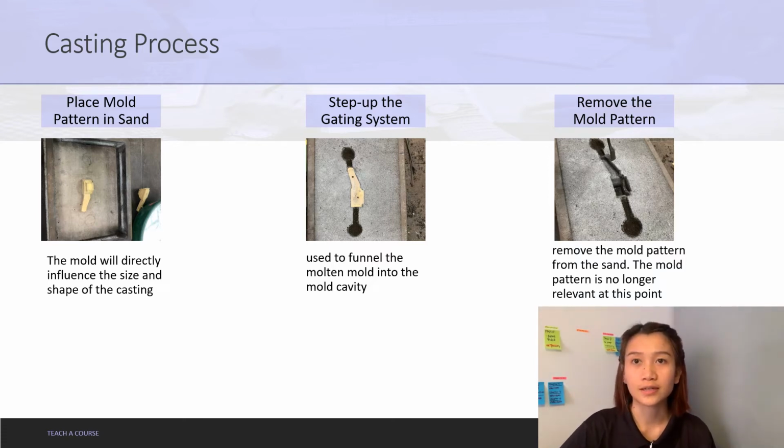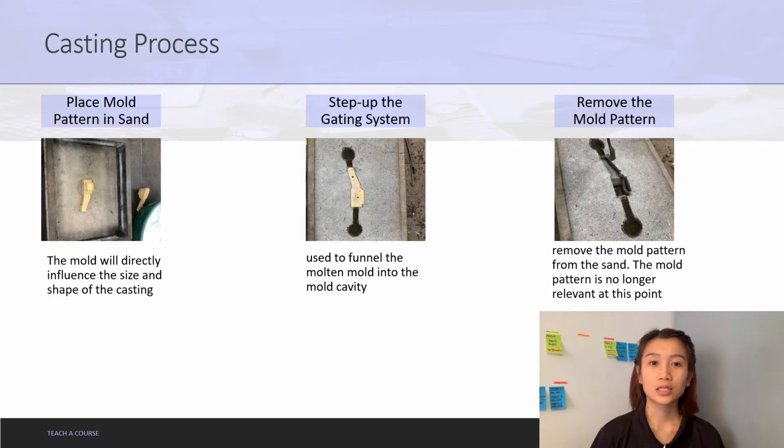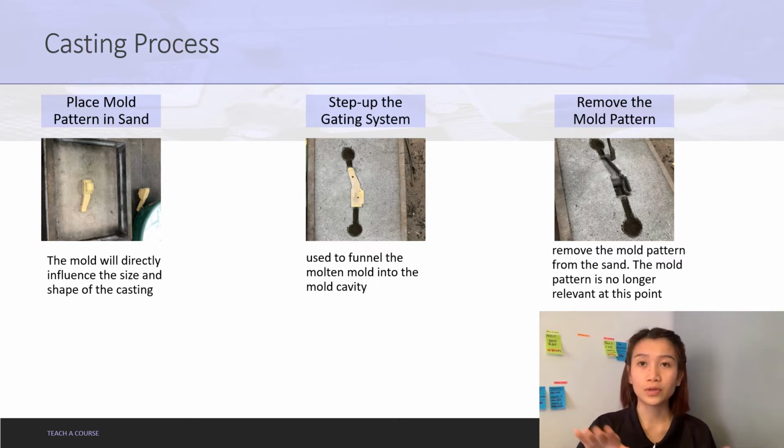The first step of the casting process is of course to have a mold pattern, and the mold pattern will be placed in the casting flask that will be filled with sand later. The mold pattern will directly influence the size and the shape of the casting afterwards. Also, when the flask is filled with sand, it is carefully compacted to remove the air trapped in the sand.